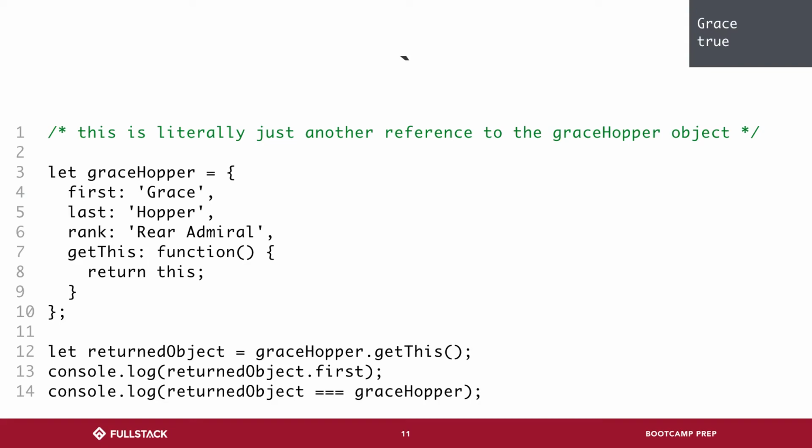And as Nick pointed out, the value of the method getThis is the keyword this, but in our context, that keyword this refers to the object in which the method that is returning it was declared, which is GraceHopper. So now we have access to all the properties on GraceHopper. And the returned object is GraceHopper. That's what that is.